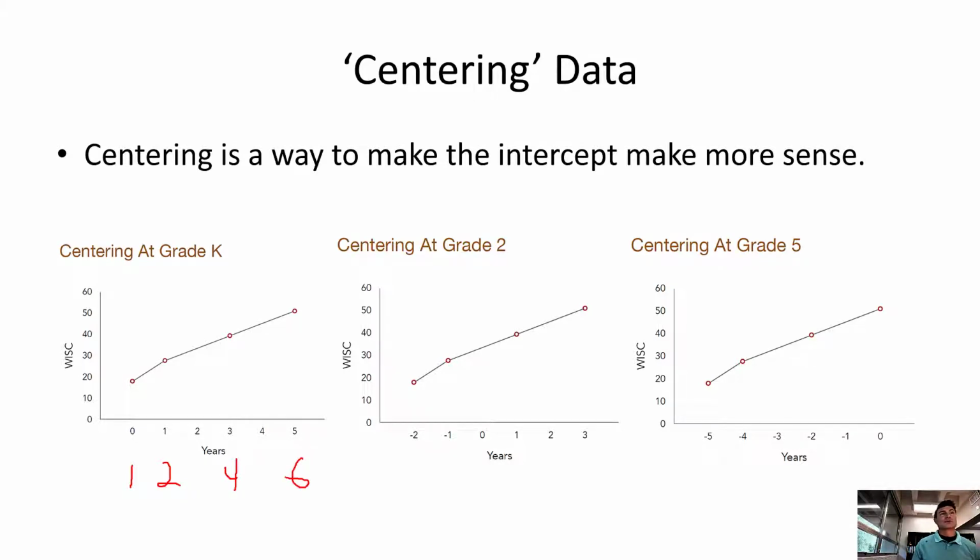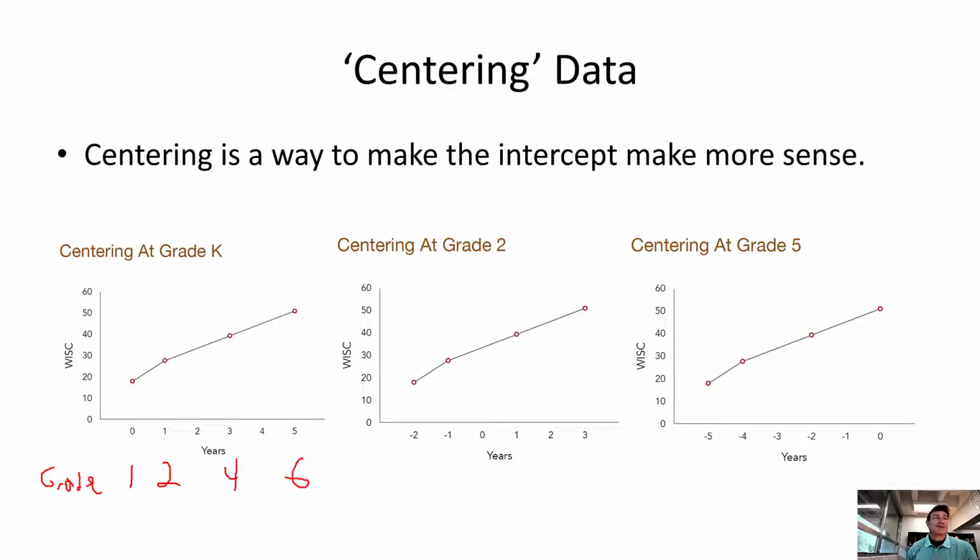If we were to put this on the original scaling, which is grade, these are our time points: grade 1, 2, 4, and 6. And we can see the spacing between these intervals is correct in these figures.